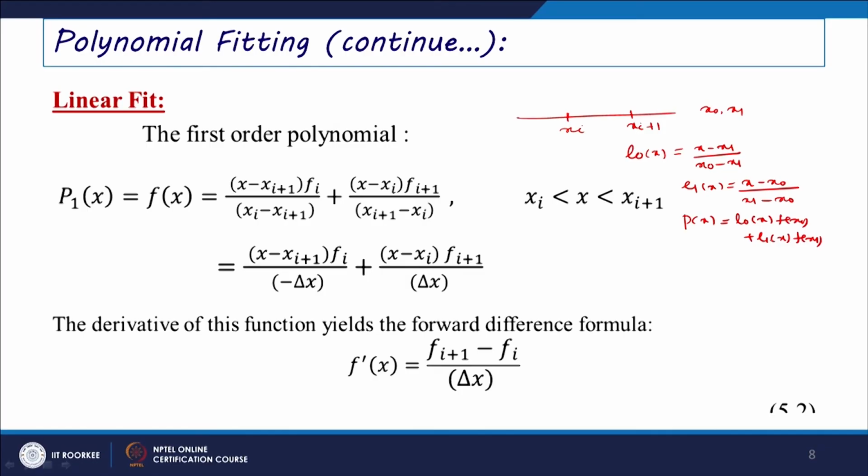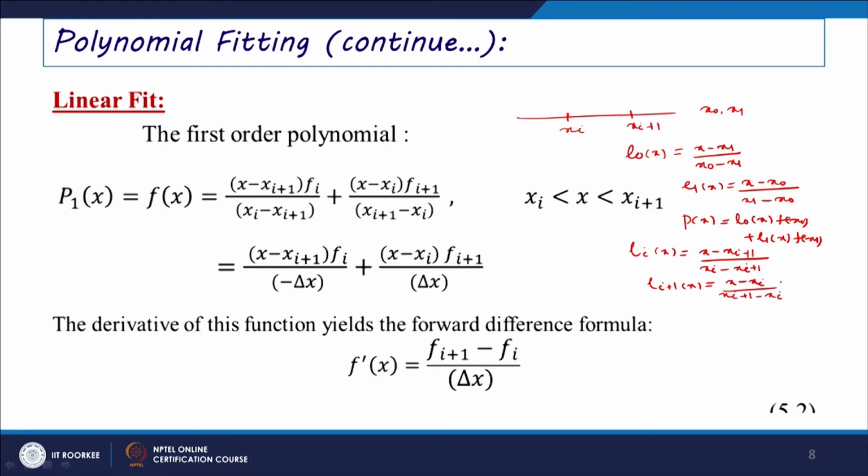And if we formulate this for the points xi and xi plus 1, we can write Li of x as (x minus xi plus 1) by (xi minus xi plus 1), and Li plus 1 of x can be written as (x minus xi) divided by (xi plus 1 minus xi).